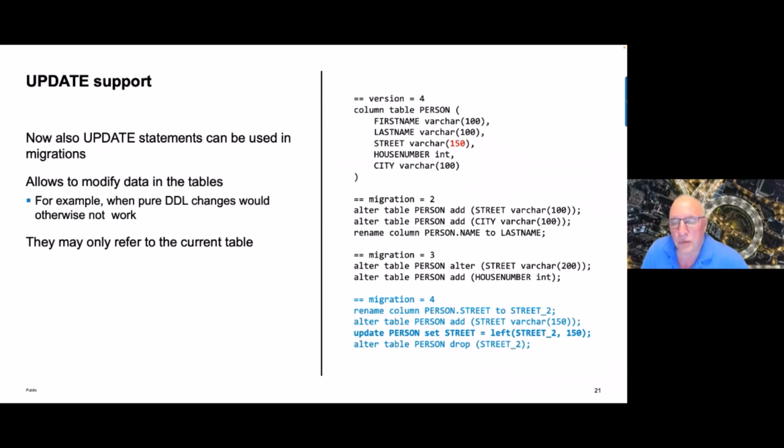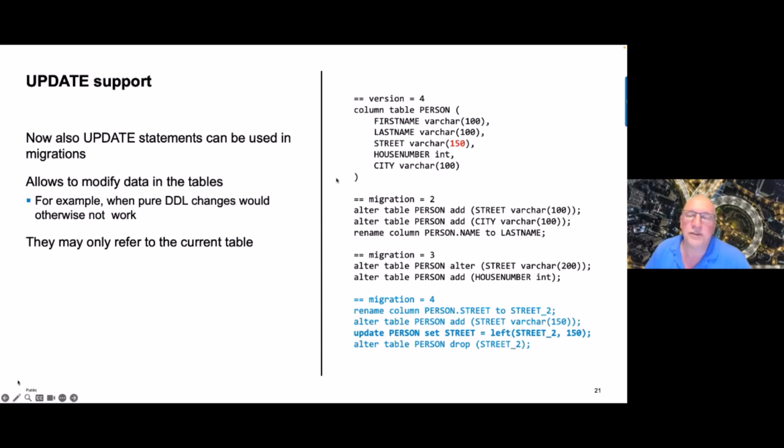So when you want to do that properly, you go in a kind of rochade here. So rename street to street 2, you add the new street with 150, and then you do an update of the left of street 2 to 150, and then you drop the street 2, and then you end up with a structure which is in this format here.